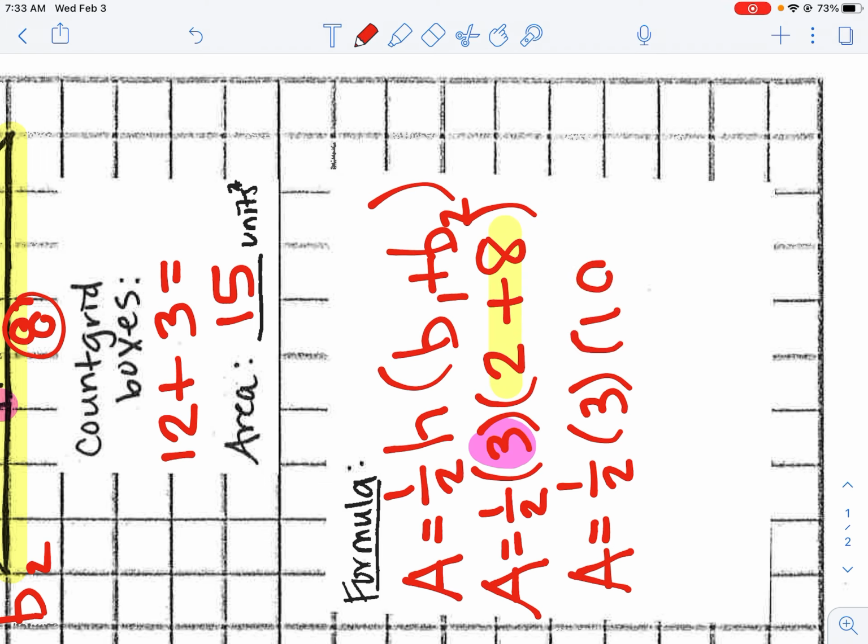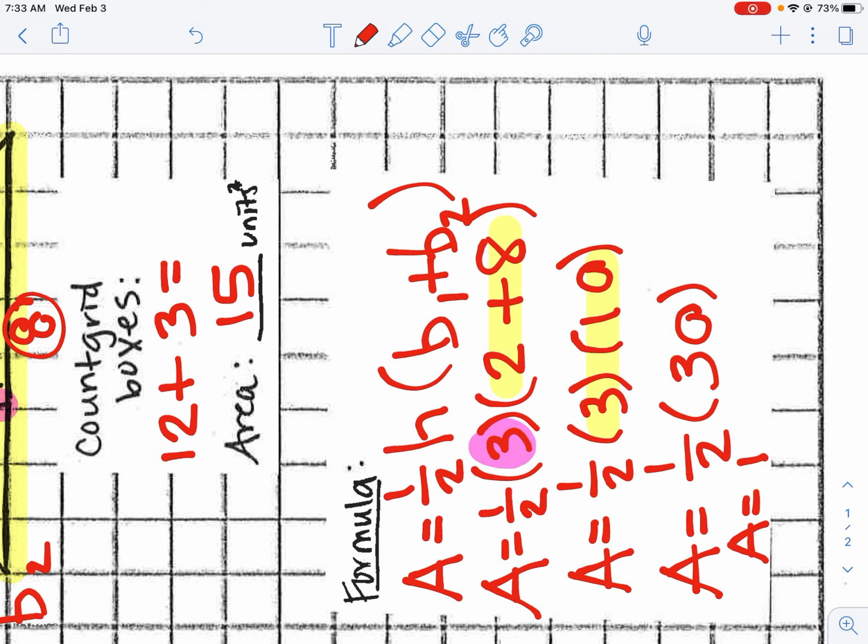Well, I know 2 plus 8 is 10. I still don't want to find half of 3 because that's kind of hard. But I can go ahead and multiply 3 times 10. I know 3 times 10 is 30. Oh, and I know half of 30 is 15. Okay, so 15 units squared.